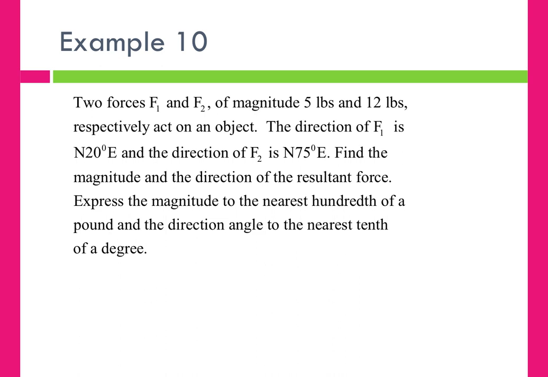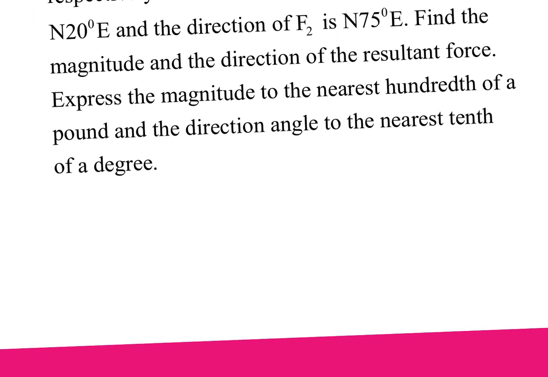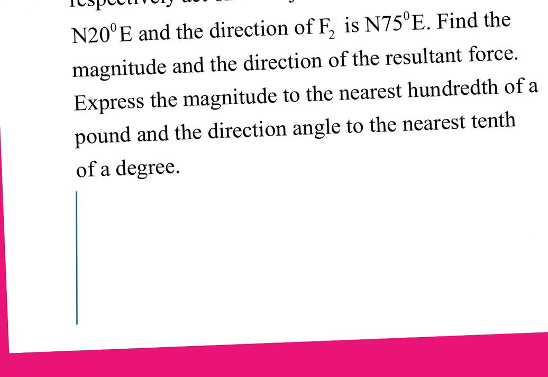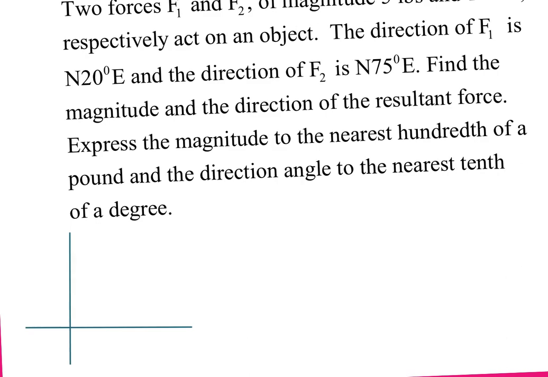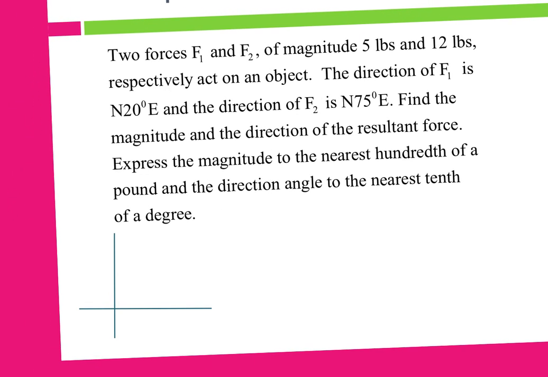So what does this even look like, right? We're going to start with, I'm just going to draw an axis for us to start drawing this out on. And I'm going to say force 1, we're going to do in the lighter pink, and force 2, we're going to do in a lighter green or lighter teal, lighter blue.